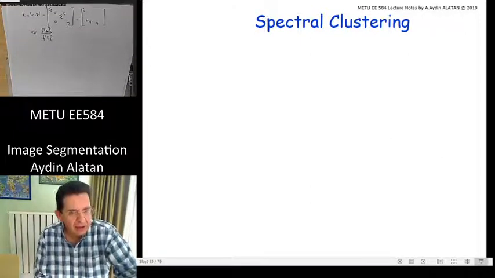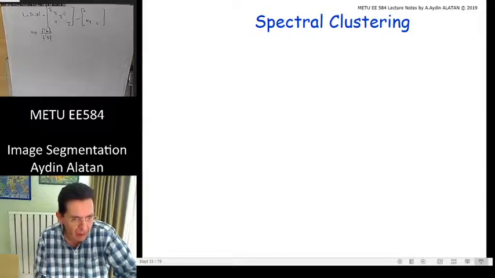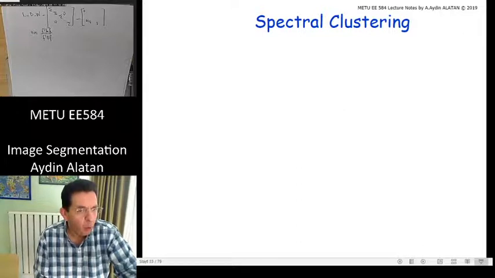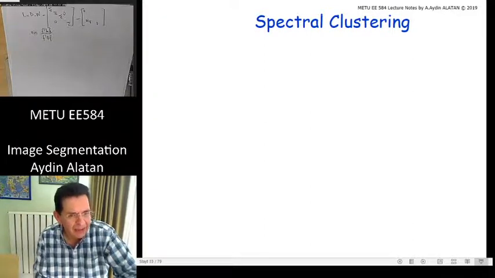But the natural question at this point arises: I would like to segment my image or data into multiple clusters. What am I going to do at that point? Well, one possible approach is that the normalized cut algorithm can be applied iteratively after determining the most dense similar cluster.